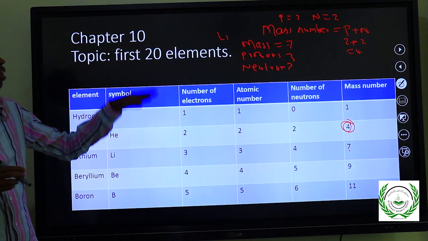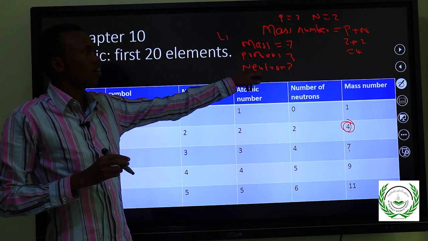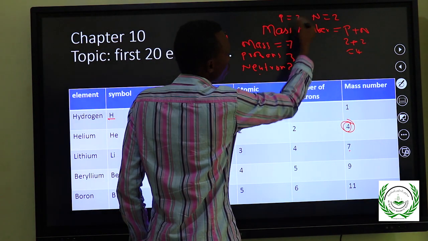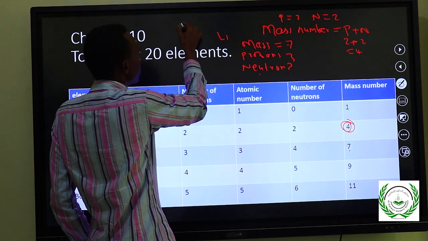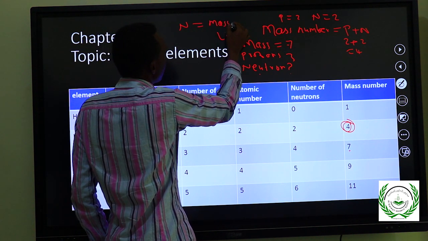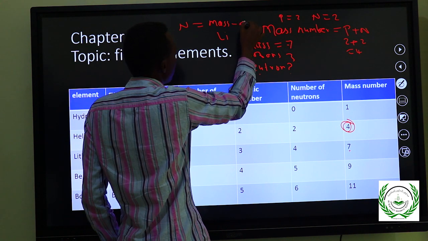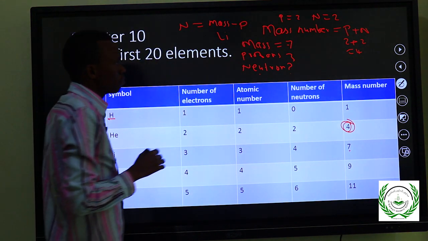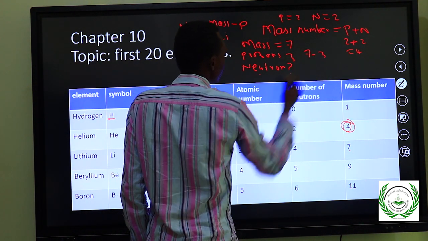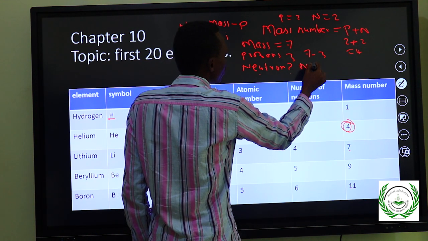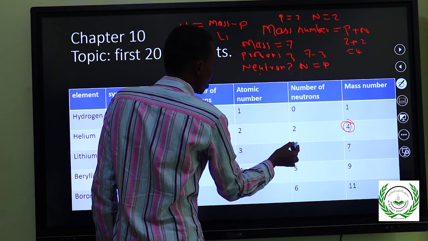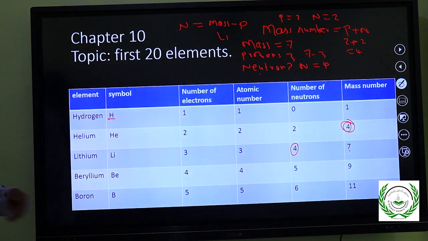So we can calculate using this formula: we can find the neutrons by using the mass number minus the number of protons in that element. Here we have 7 minus 3, then the number of neutrons is equal to 4. If you look at the table you can see it really. So this is how we can find the number of neutrons.